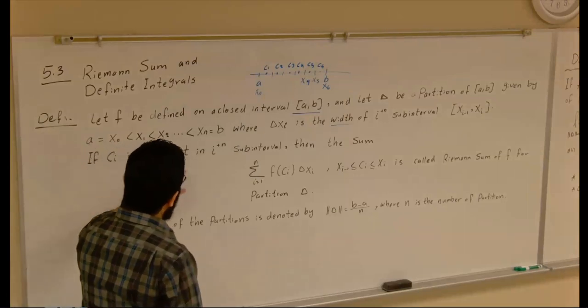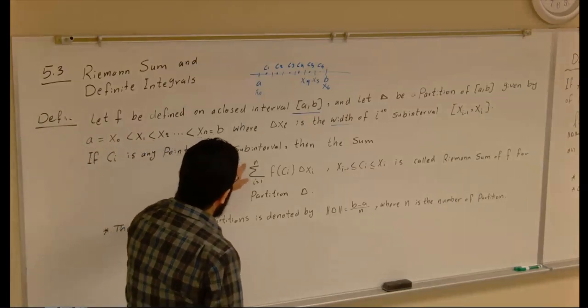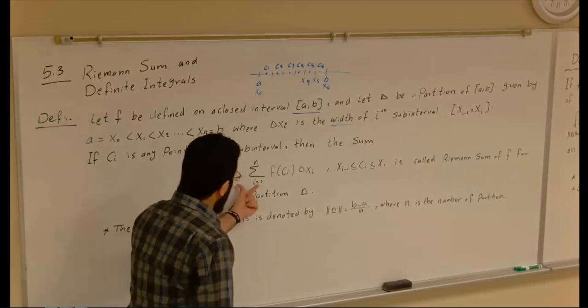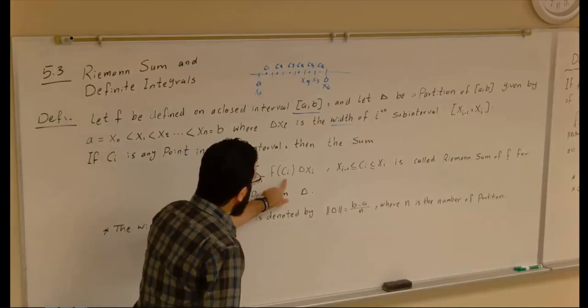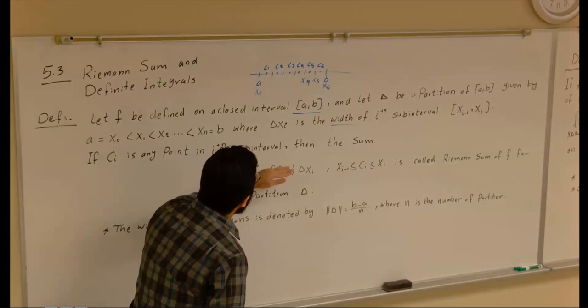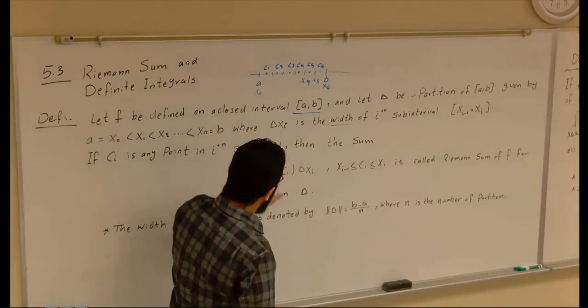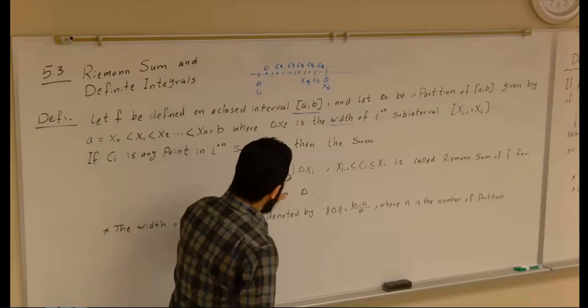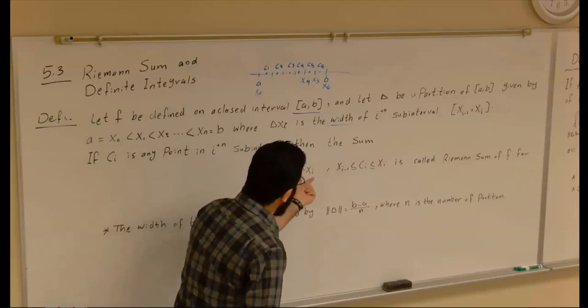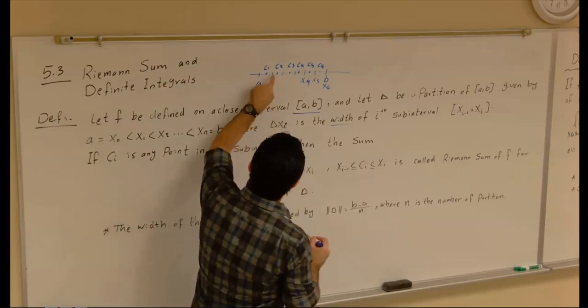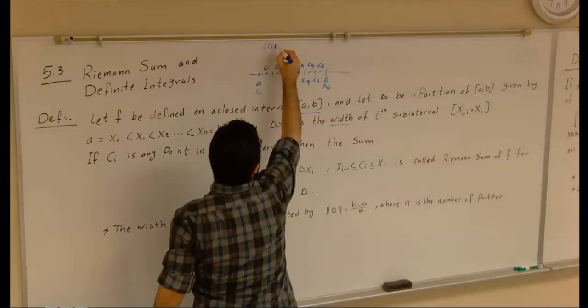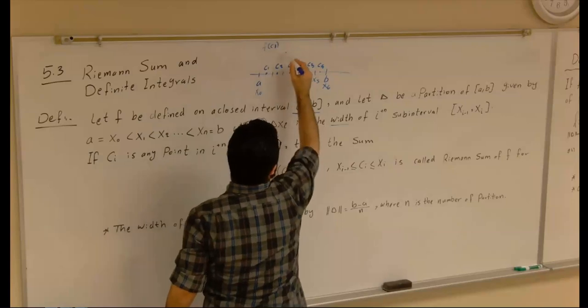If ci is any point in the subinterval, then the sum of f(ci), because you're going to plug ci into your function to get the y, times the width, looks like a rectangle. You're going to take f(c1), which means you're going to draw a rectangle here, another rectangle here, another rectangle here.